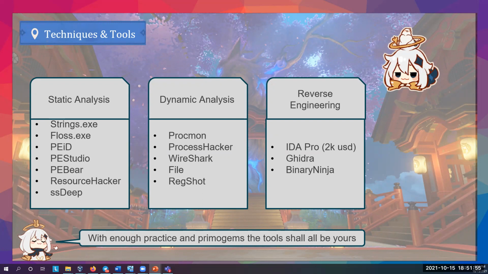Of course, as usual, some of them are paid, so it's not free, especially IDA Pro that you can see here. It costs about $2,000 subscription in US dollars. Sometimes in order to break into an industry, you need to pay for it, and it's quite painful. But the good thing is that the rest of the tools on this slide are actually free. Strings, Flare, PEiD, PE Studio, and the rest of the squad are all free tools.